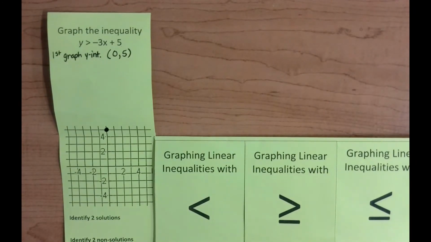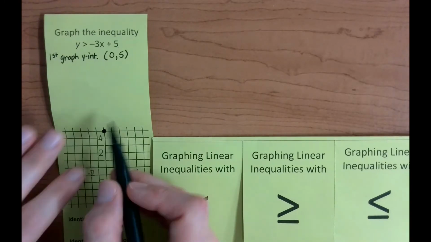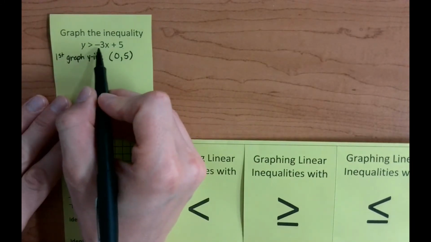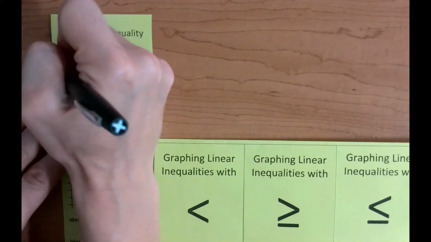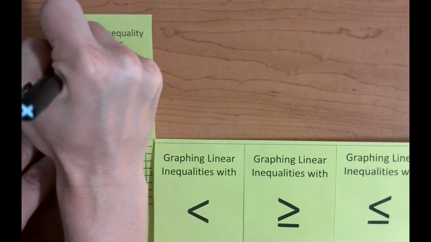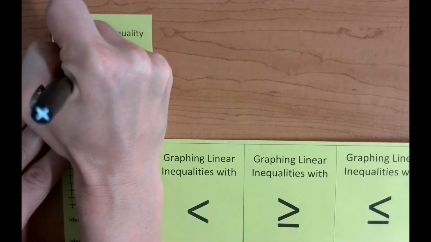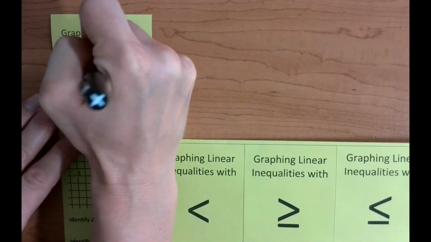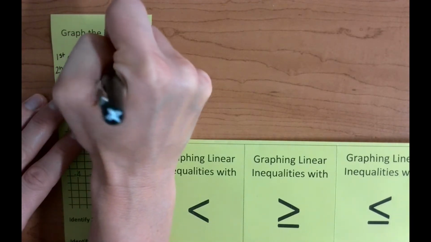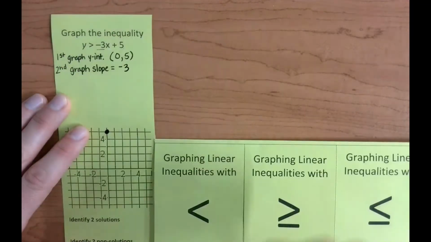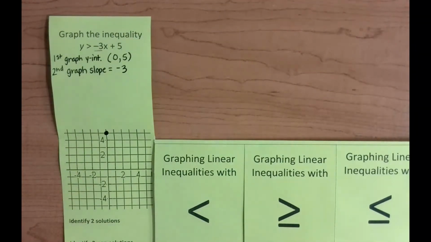All right, then we want to graph our slope from the y-intercept. My m value is negative 3. So second, graph the slope, which in this case equals negative 3. Always turn it into a fraction.